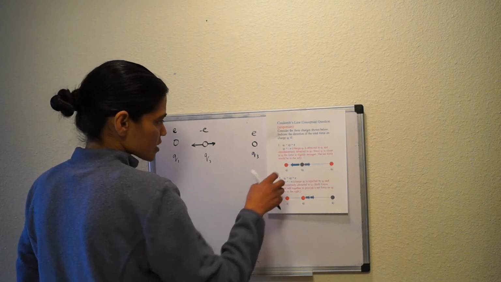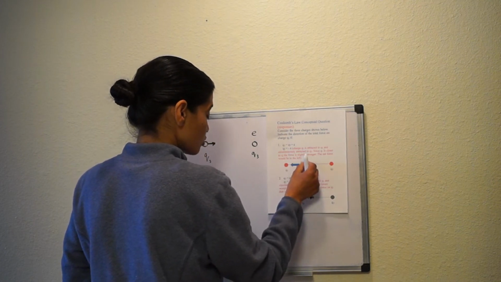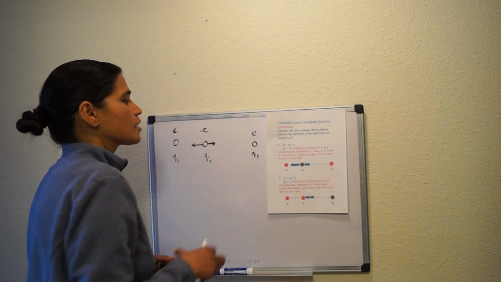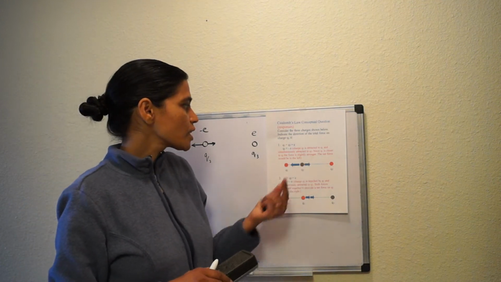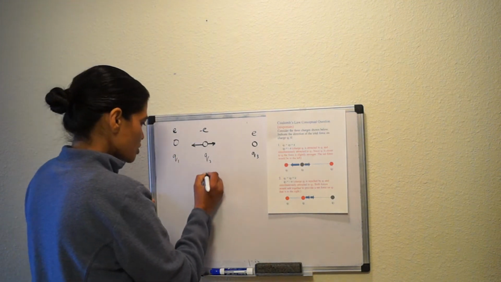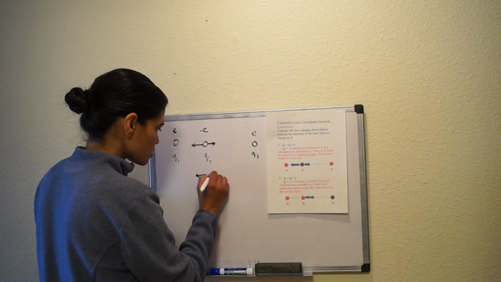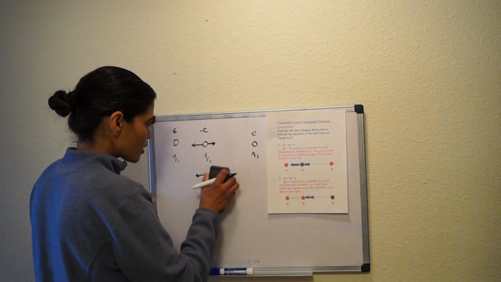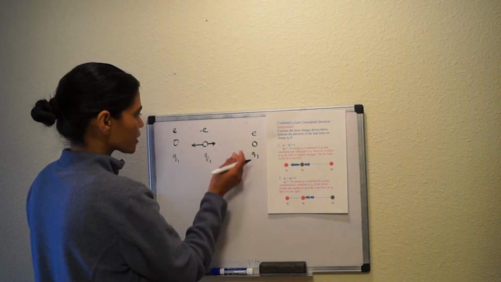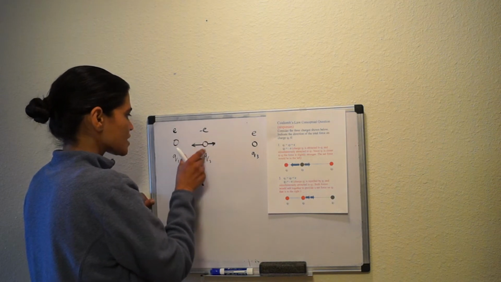So in the diagram, this arrow is bigger than this arrow. The length indicates the total force: a longer arrow means more force, a shorter arrow means less force. Why do you think that's the case? Look at the distance. The distance between Q2 and Q1 is shorter.